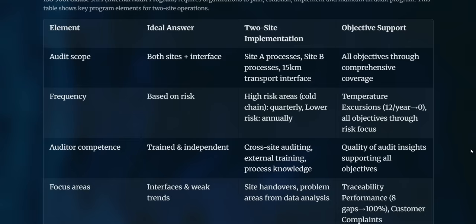The third element of our audit is auditor competence. Ideally, the auditor should be trained and independent. In our two-site implementation, that means cross-site auditing, external training, and process knowledge. The objective support with our audit competence requirements includes quality of audit insights to support all the objectives.